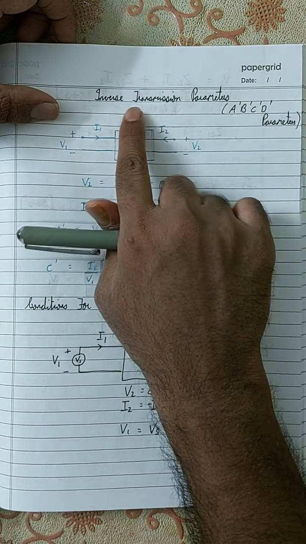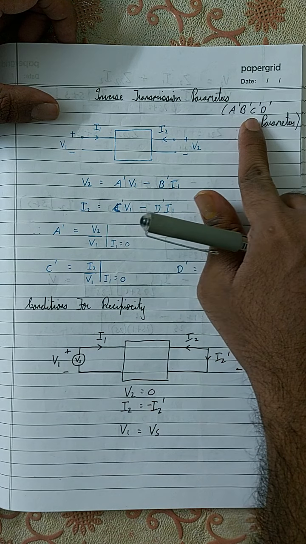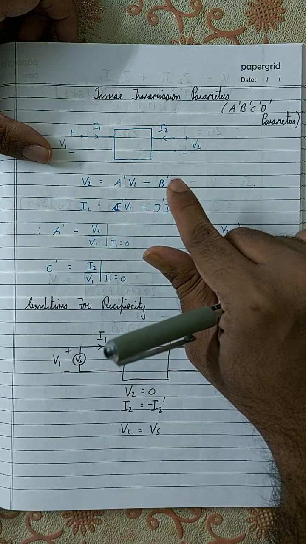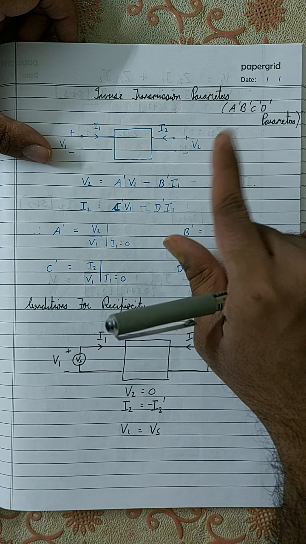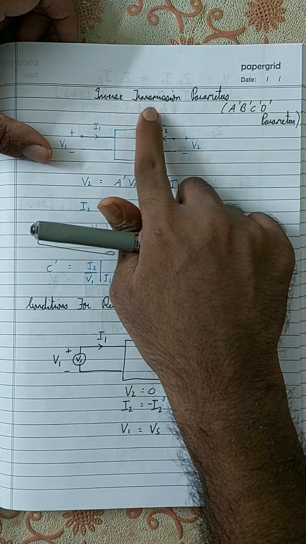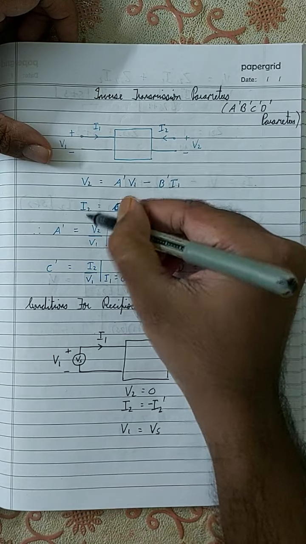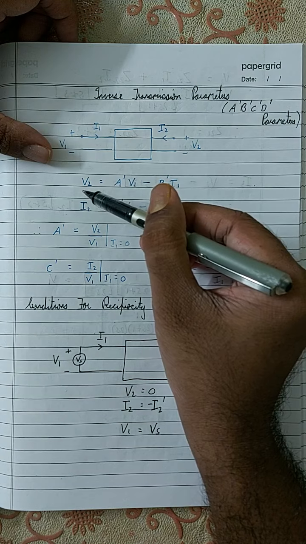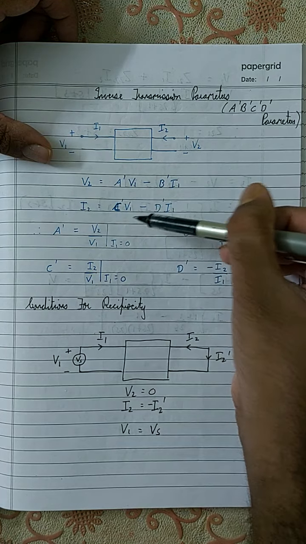Now inverse transmission parameters are also called the A dash, B dash, C dash, D dash parameters. If ABCD parameters express V1 and I1 in terms of V2 and I2, then naturally the inverse means you just express V2 and I2 in terms of V1 and I1. That is, expressing V2 in terms of V1 and I1 and expressing I2 in terms of V1 and I1.